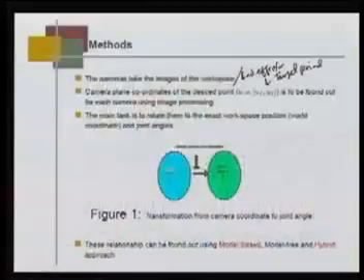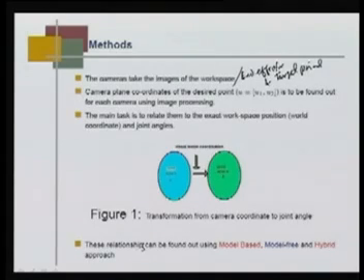Given that information, how do I correlate it to the actual theta 1, theta 2, theta 3 such that the robot manipulator end effector finally reaches the target point. So, these relationships can be found out using model based, model free and hybrid approaches.